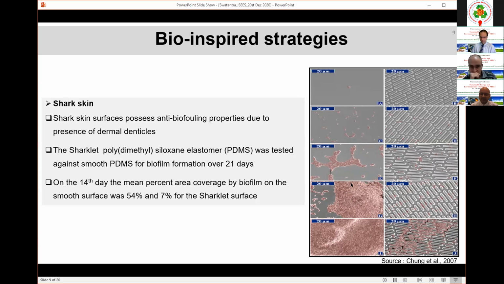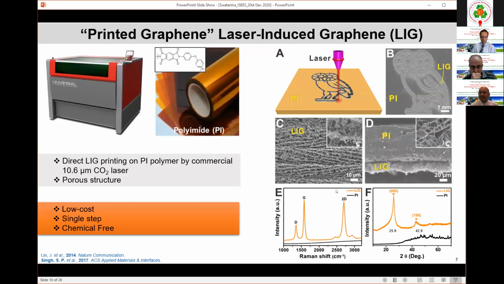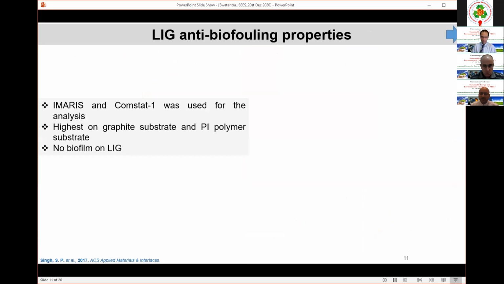So basically, the interest I developed comes from laser-induced graphene, because it was quite surprising for us when we started working on this, when I was a postdoctoral researcher under Professor Arnusch. We got extraordinary results from laser-induced graphene, and it took us a month to digest them, because when we did confocal analysis, we saw almost no biofouling on the LIG surfaces.